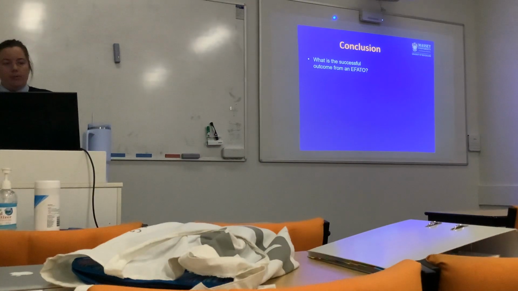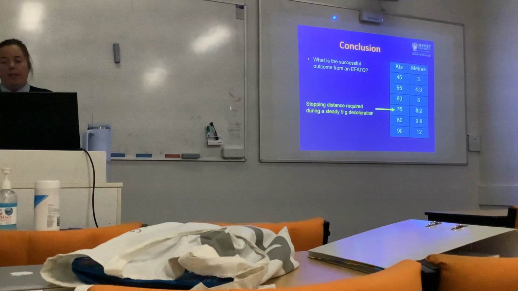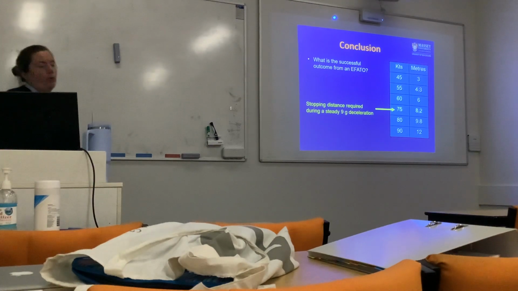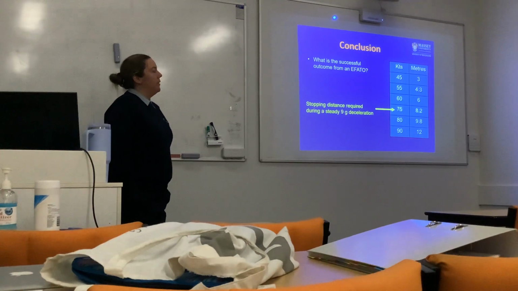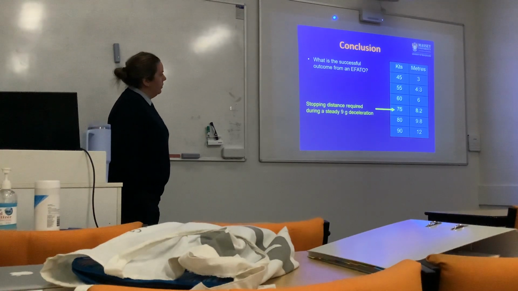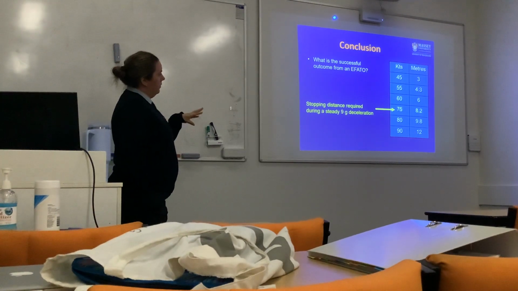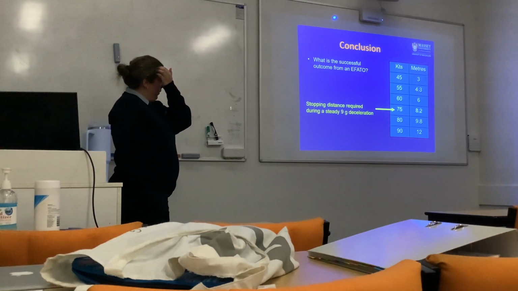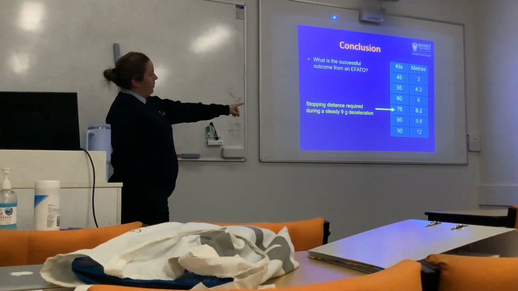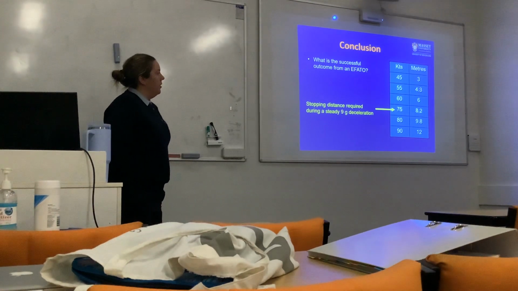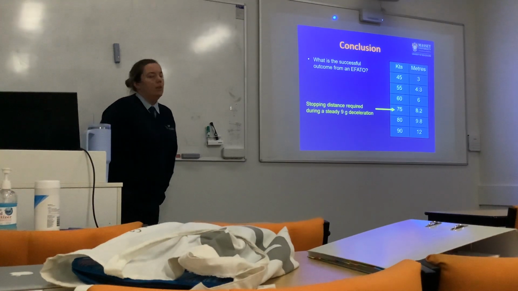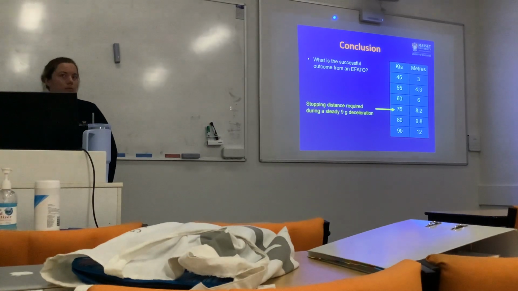Hopefully we've answered that question a few times and asked it a few times. This is quite a good way of really emphasising that it's all about surviving here. What this is showing us is that at 75 knots, in order to stop within 8.2 meters, you can achieve a 9G deceleration, which is a survivable amount of Gs.